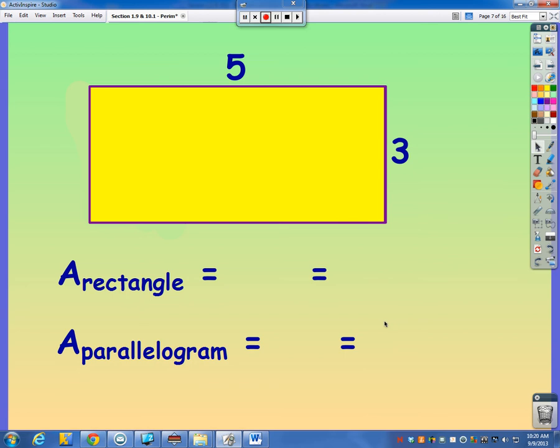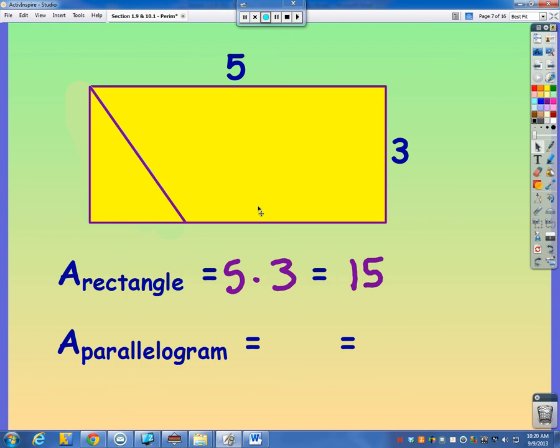Now, we're going to talk about a parallelogram's area. But first I start with a rectangle. So I have a base of 5, a height of 3. So the area of my rectangle here would just be base times height, which is 15. Now you might ask, well, where's the parallelogram at?